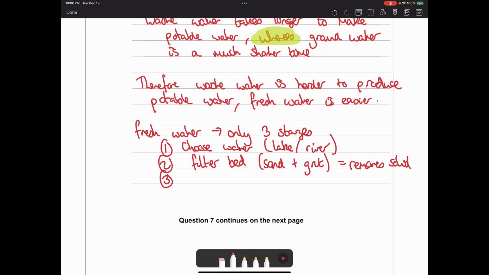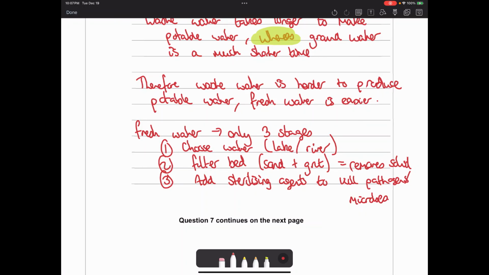And then to that fresh water, you've taken out all of the solid grit, but then you need to add sterilising agents to kill pathogens and microbes. Now these sterilising agents can be things like ozone, UV lights, or the most common one, chlorine.